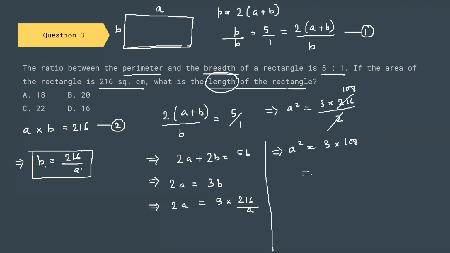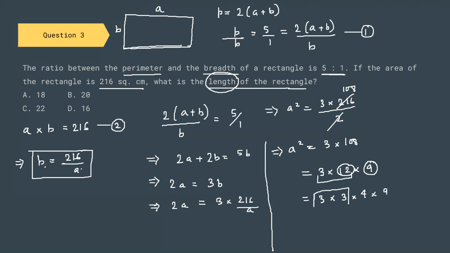Now 108 can be written as 3 into 12 into 9. This is already a perfect square number, so we're not going to touch this number. But these are not perfect square numbers, so we have to convert them as such. We can write 3 into 4 into 9. I have expanded 12 to 3 into 4.